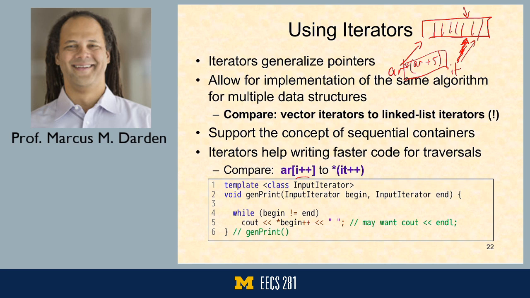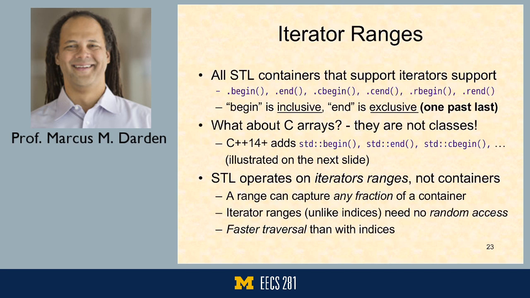This is generic code. Iterator ranges, we talked about them already with .begin and .end, and with the newer stuff in the standard library, since C++14, I don't even have to use the dot. I can just use std::begin, like that. And I've got std::end, I've got std::cbegin, and what is that?